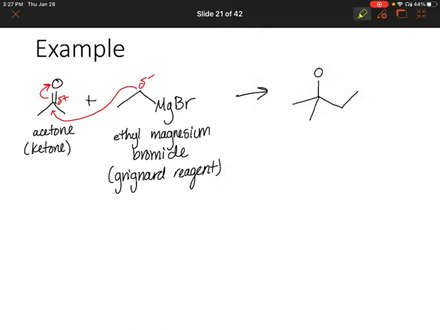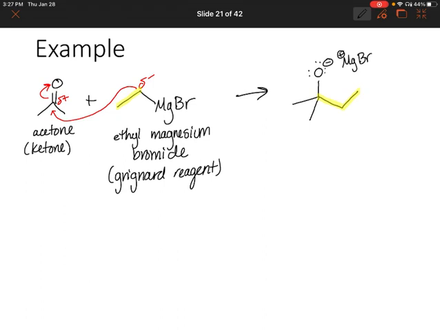Let's highlight what we did here. We added that 2-carbon chain to the carbonyl carbon. We also moved some electrons up to oxygen, so now it is negatively charged. And that can be balanced by the magnesium bromide that's left over.